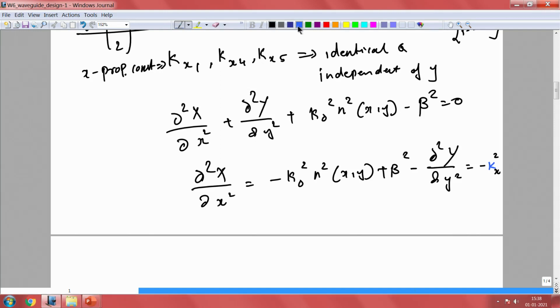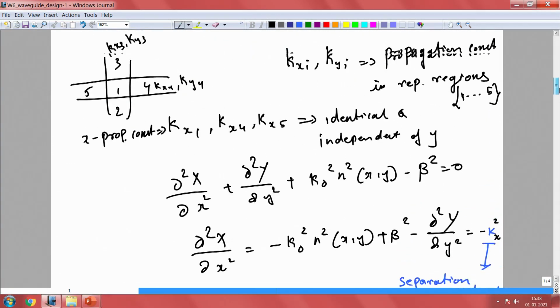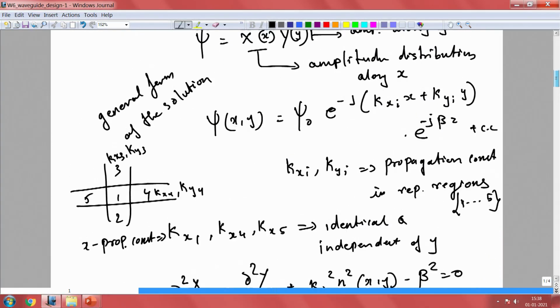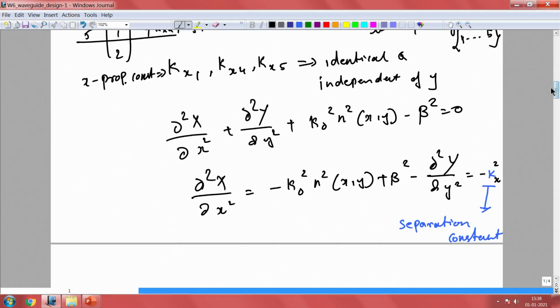This is the separation constant. Nothing new. So, similarly we can do this for y as well. We can keep this as equation 2, this is equation 3 and this is equation 4.